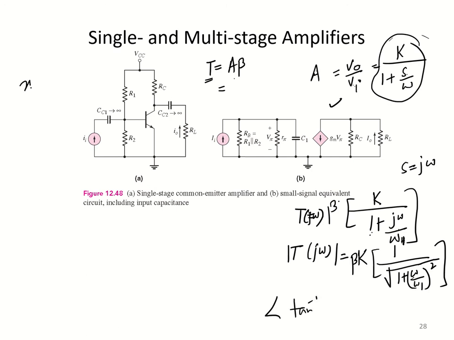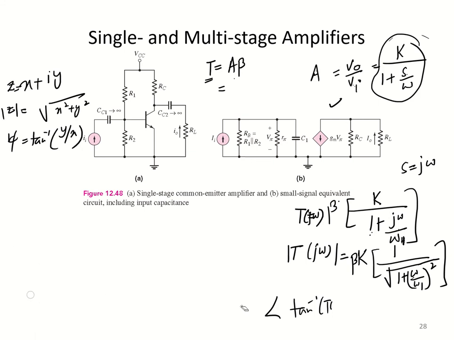If you want to write the angle, remember that generally, if you have a complex number z with a real and imaginary part, its magnitude is the square root of real squared plus imaginary squared, and its angle is the tangent inverse of imaginary over real. The same applies here. For the angle of this transfer function, you have two things.